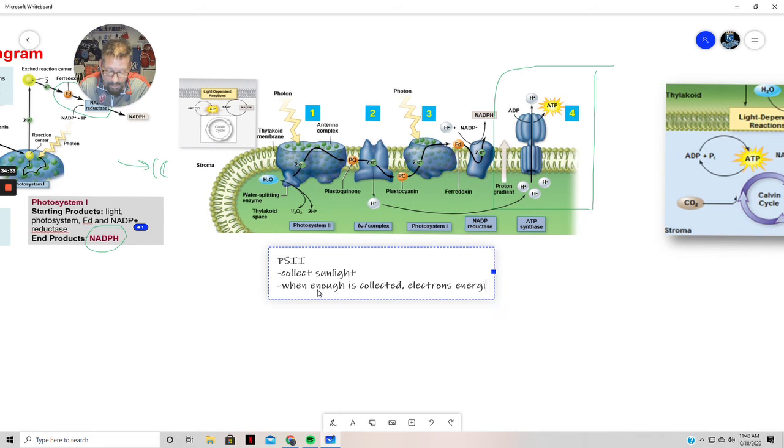Energized. So I'll have to slide that over, or what I can do is do this.